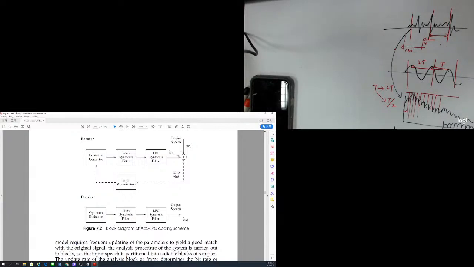Chapter 7 and chapter 8 have no complicated algorithm. So if you are available, try to go through chapter 5 and chapter 4.